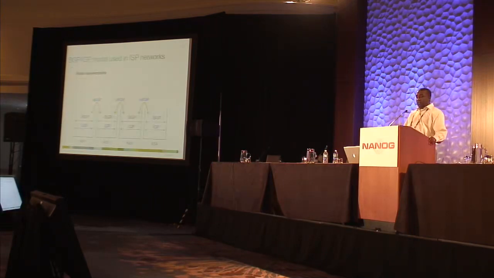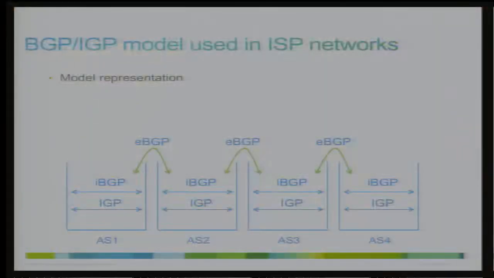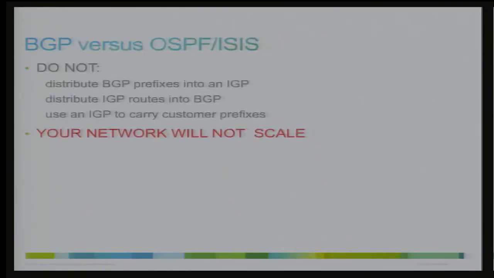Again, back to the model that we discussed earlier in the first session. Within each AS, you will have IGP and iBGP, and between ASs, you will have eBGP. That same model remains the same. Very important, BGP versus OSPF and ISIS: do not distribute BGP prefixes into IGP.